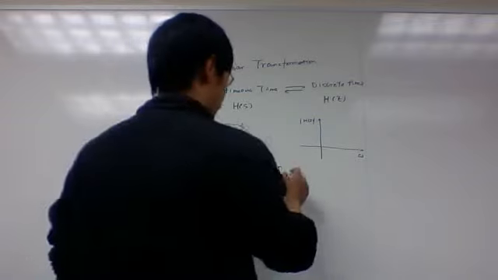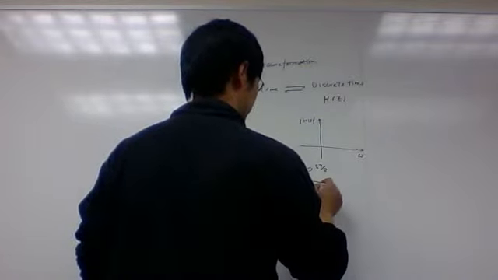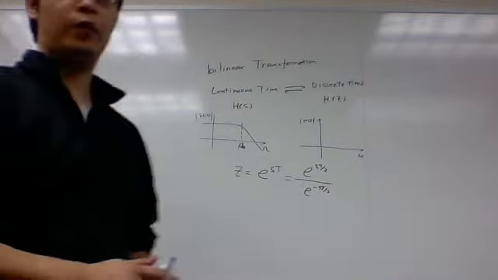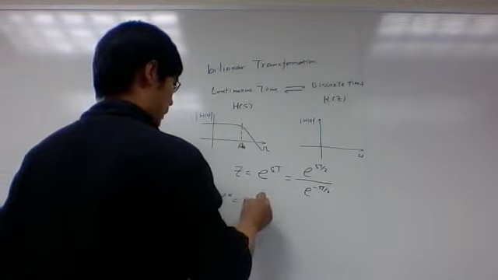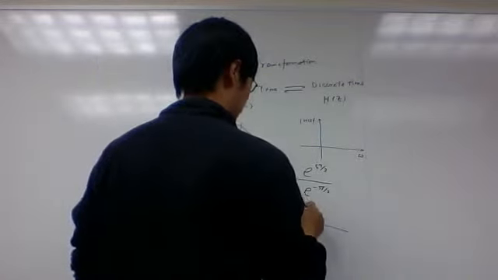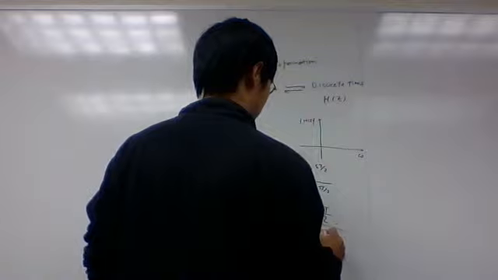So that will equal e to the sT over 2 divided by e to the minus sT over 2, and we know e to the x will roughly equal 1 plus x. So that will equal 1 plus sT over 2 divided by 1 minus sT over 2.